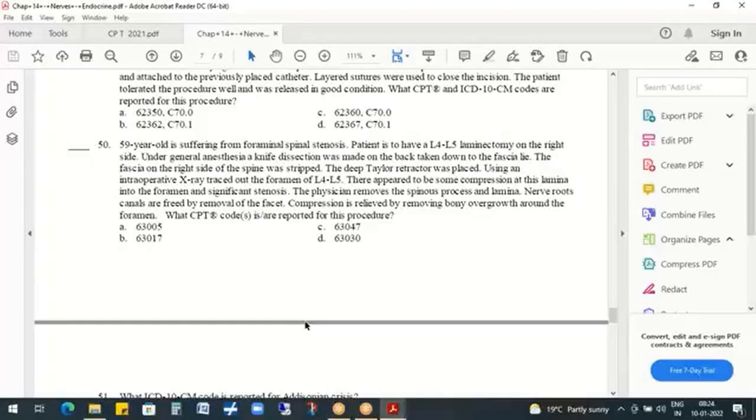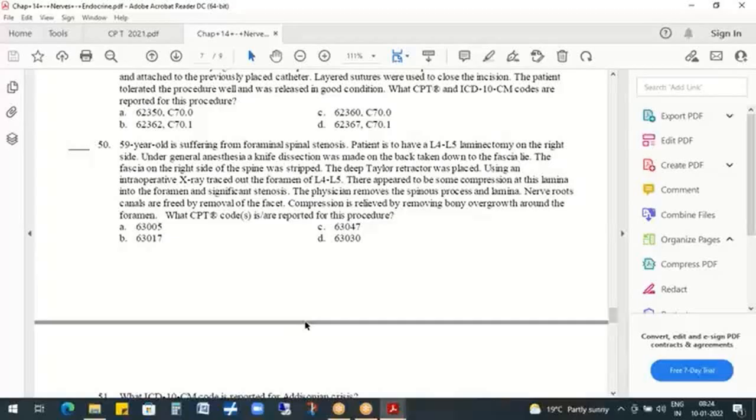You can see under general anesthesia, a knife dissection was made on the back, taken down to the fascia. The fascia on the right side of the spine was stripped. The deep retractor was placed, and using an intraoperative X-ray, the foramen was traced out. There appeared to be some compression in the lamina into the foramen and a significant stenosis.